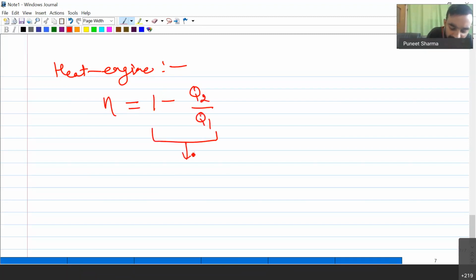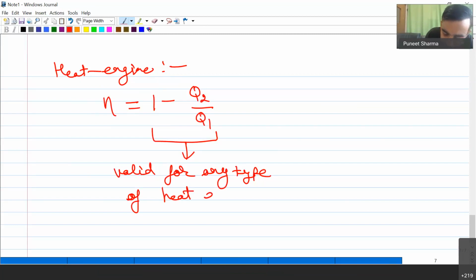This equation is valid for any type of heat engine, whether it is reversible or irreversible. Irrespective of the kind of heat engine, this formulation will always be applicable. However, while we defined the absolute thermodynamic temperature scale, we considered the Carnot cycle as our fundamental basis for defining the absolute temperature scale.